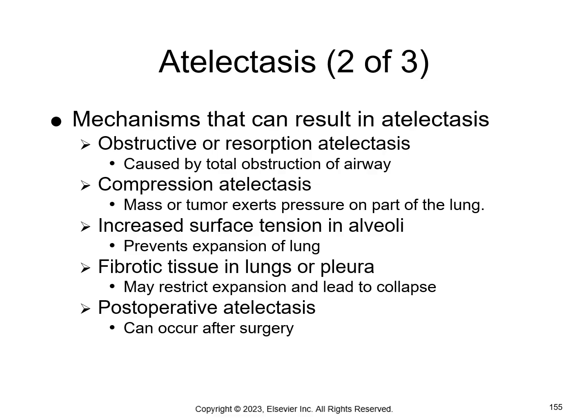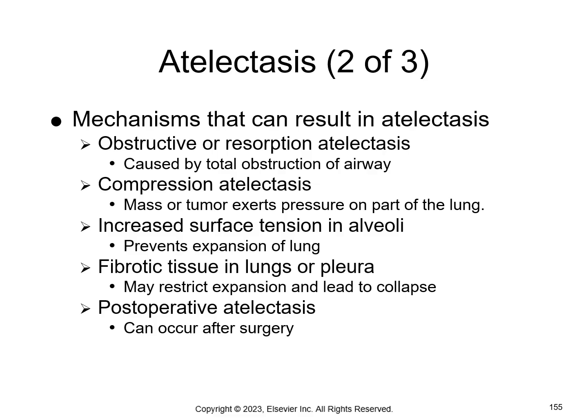Mechanisms that result in atelectasis can be obstructions or reabsorption atelectasis caused by total obstruction of the airway. Compression atelectasis, which is where a mass or a tumor puts pressure on part of the lung. Increased surface tension in the alveoli can prevent expansion of the lungs.